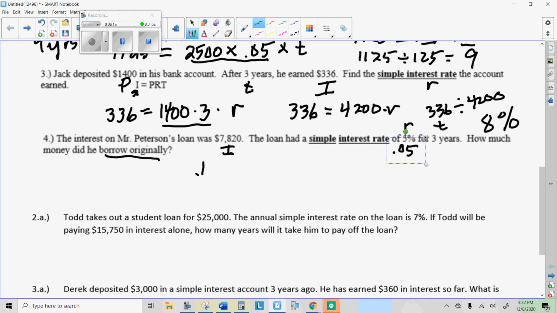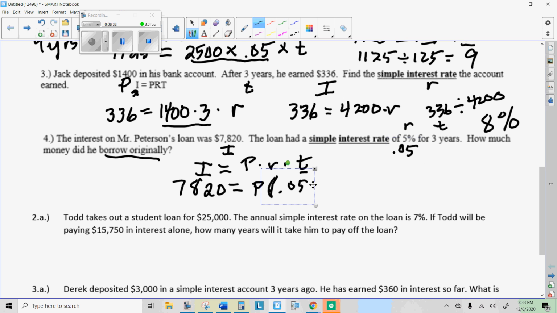Okay. So again, we're going to use this I equals P times R times T. We know the interest is 7,820. We don't know the principal, so I'm just going to leave that P. We know R is 0.05, and we know T is 3. So we have to do 0.05 times 3.